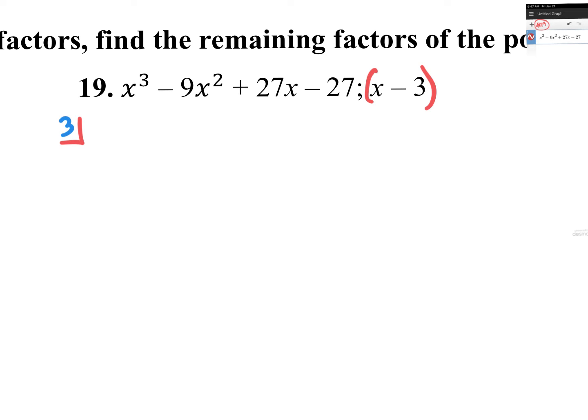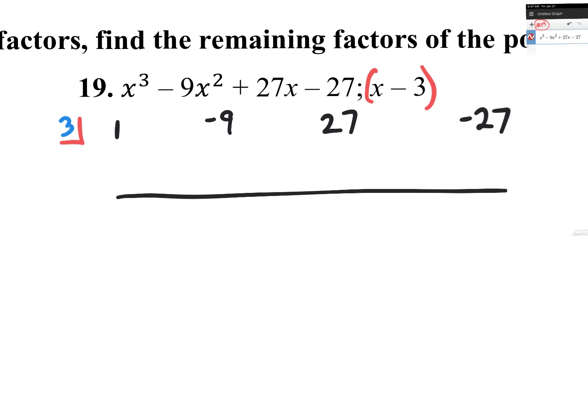We're going to do synthetic division because we know that when we divide anything by one of its factors, your remainder should be 0. Okay, so I'm going to divide this cubic polynomial by x minus 3 using synthetic division. My list of coefficients: there's a 1 on the x to the third, a negative 9 on the x squared, a 27 on the x, and a negative 27 as a constant.